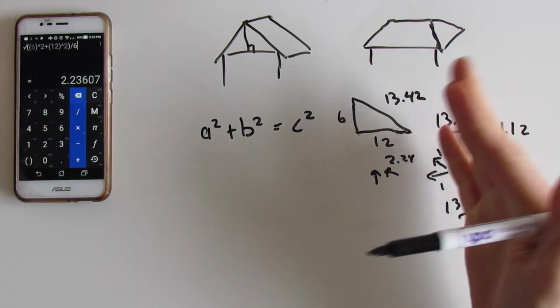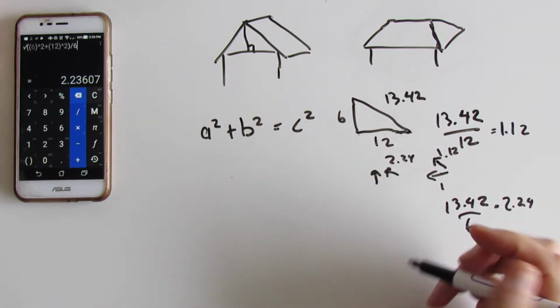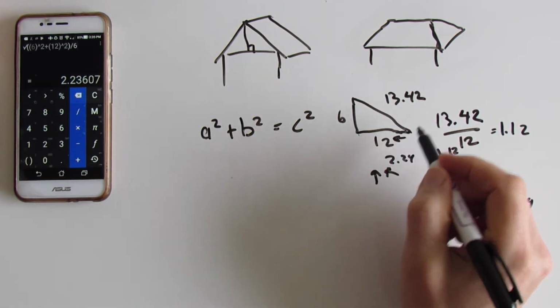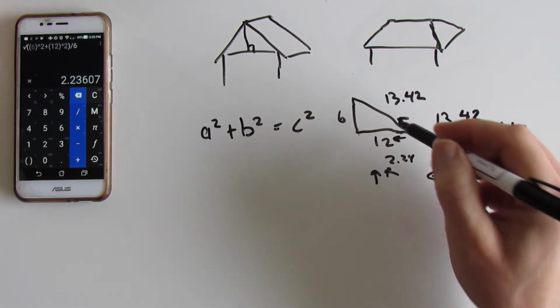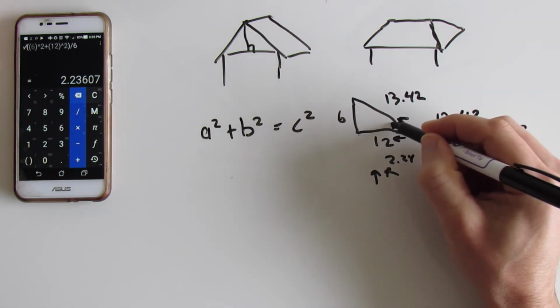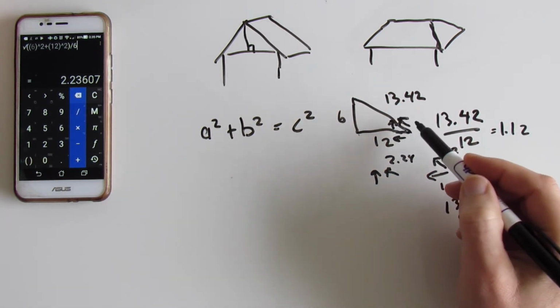So this is the basic concept: when you understand that for every little bit you go this way, you go the same sort of ratio, proportion that way, and the same sort of proportion that way, always. So those three values are always linked.